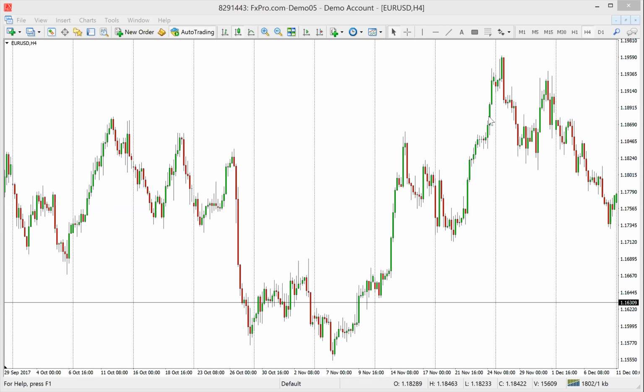But to get the majority of this trade, you actually had to hold over 10 candlesticks, which means over 40 hours, which is over 2 days. So that's how long an average trade can last: as long as it takes, basically.